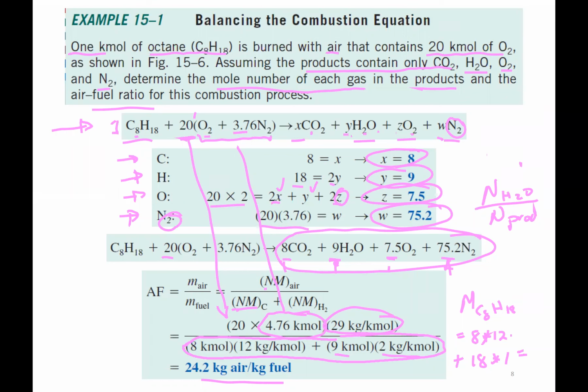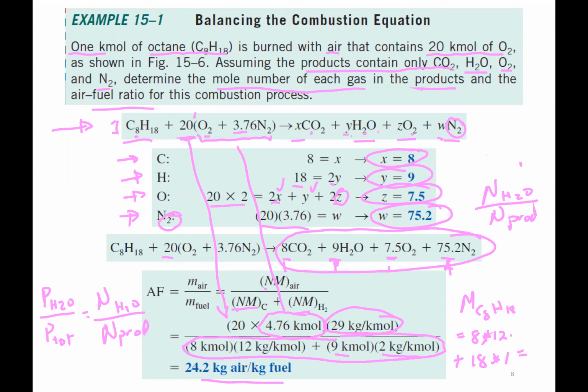Which we could also relate to our partial pressure. So if you had the pressure of water over our total pressure, let's say that's 1 atmosphere, that would be the same as N H2O over the N of the products.